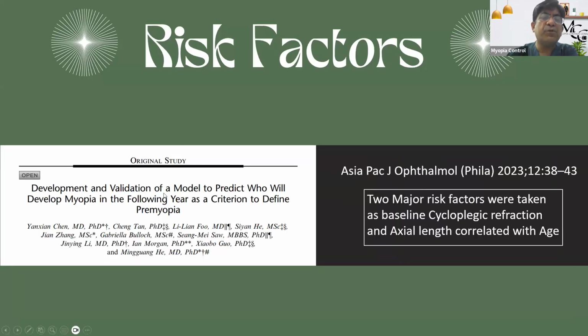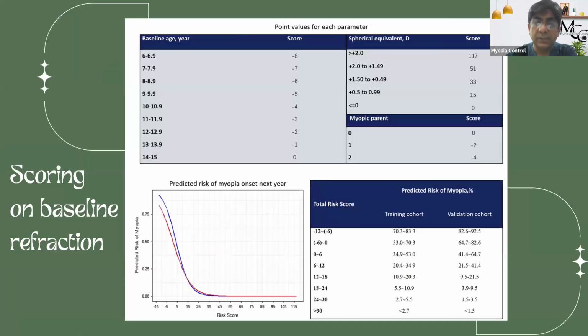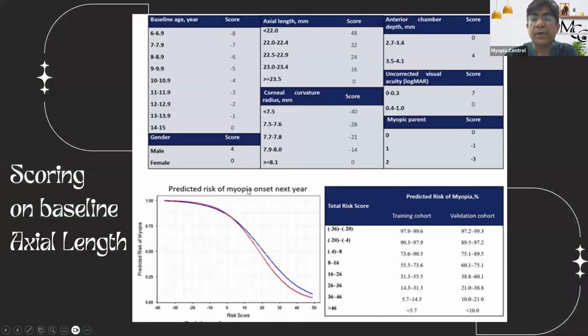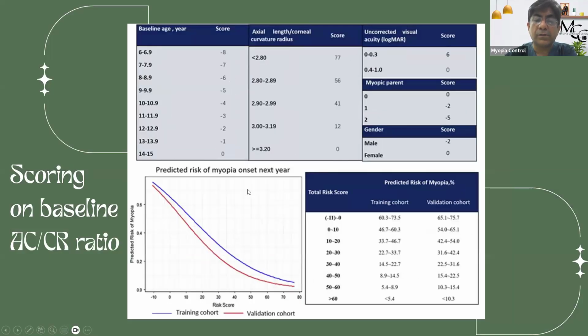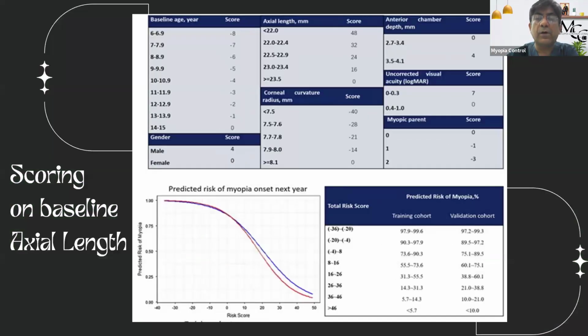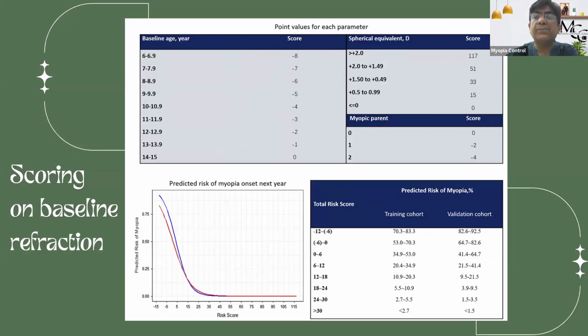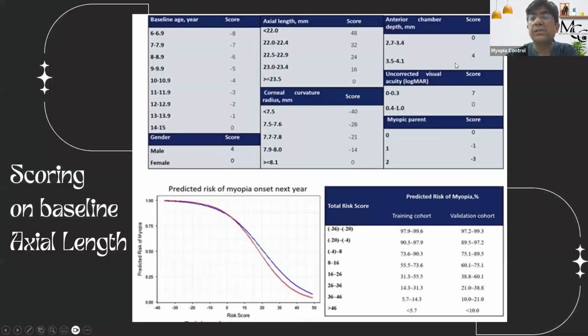This was the study where they tried to develop and validate a model to predict who will develop myopia. What they have done is they have taken the data from some of the studies, and they have tried to predict the risk of myopia onset in the next year. They have done this on three things. They have gone on age and spherical equivalent plus 2. What was the scoring system?